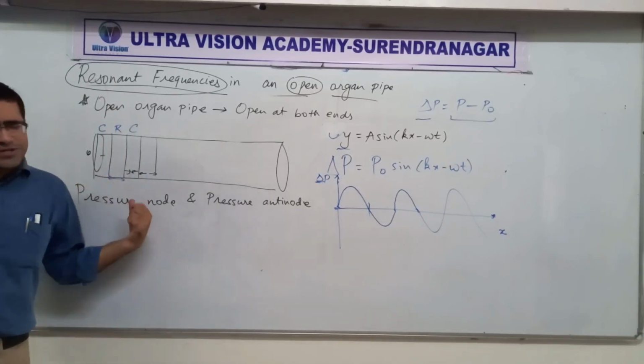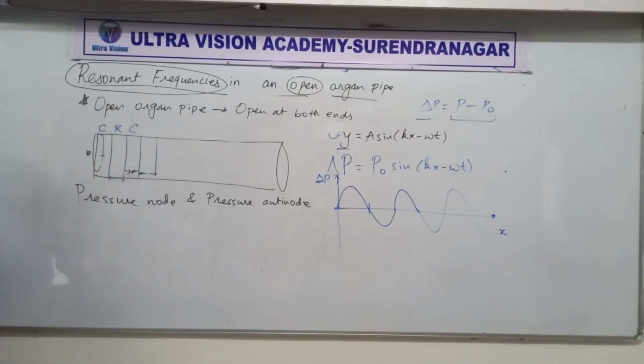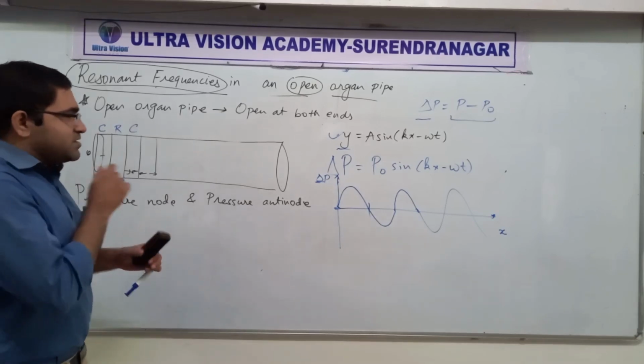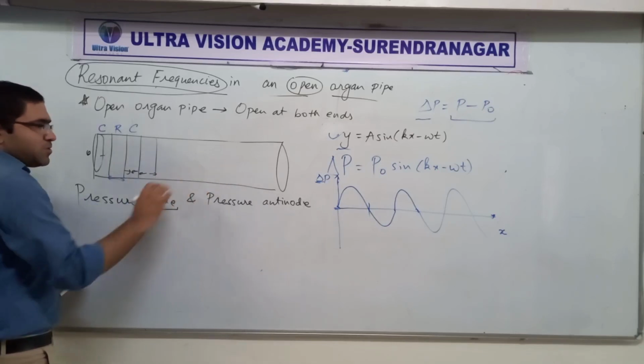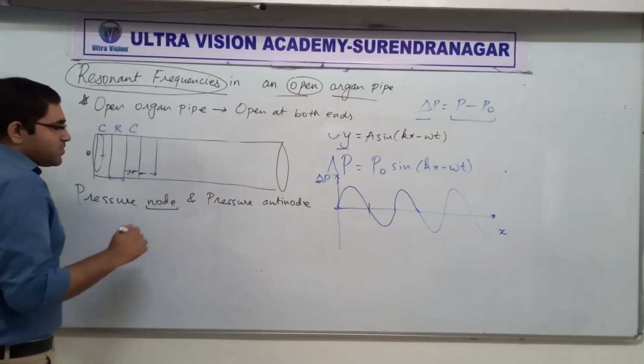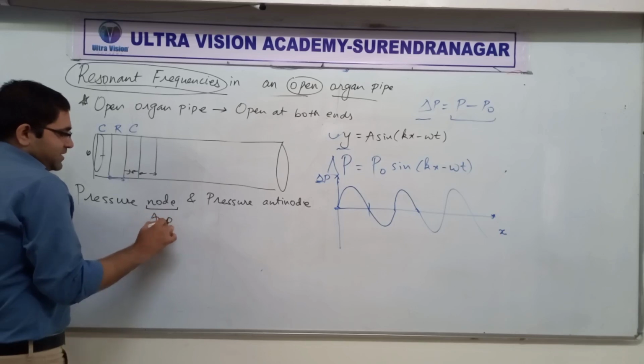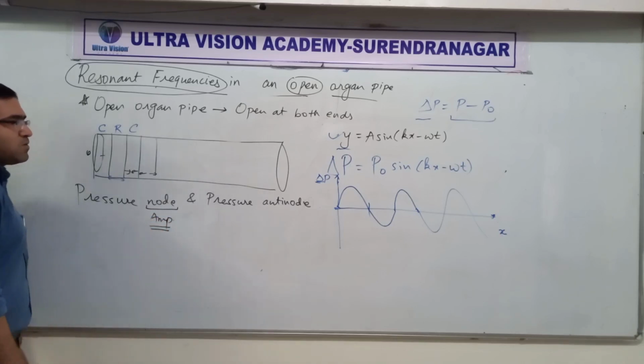Now, what is a pressure node and what is a pressure antinode? Listen to this carefully. Earlier we learned that a node means where amplitude is 0.